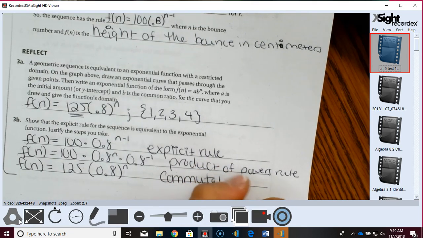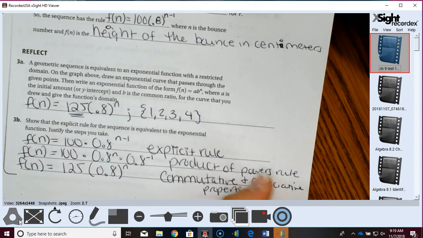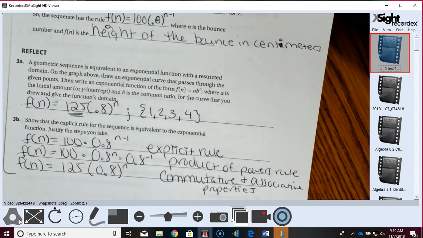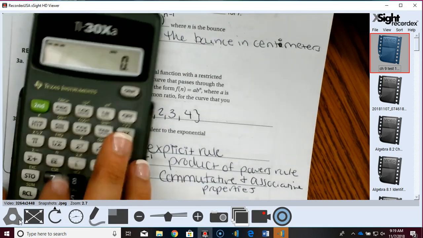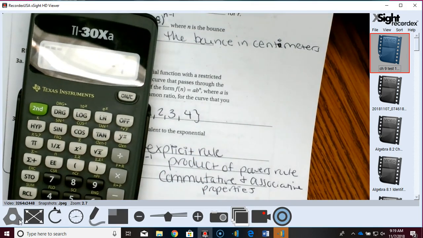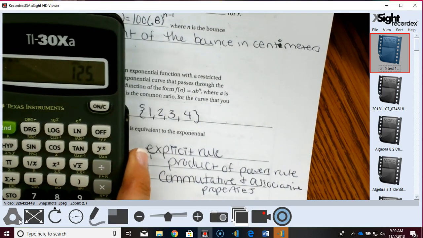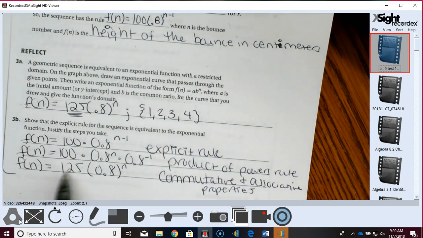Commutative and associative properties. So look, 0.8 to the negative 1 times 100 is 125. So all they did is they did this times this, and they got the 125. Okay?